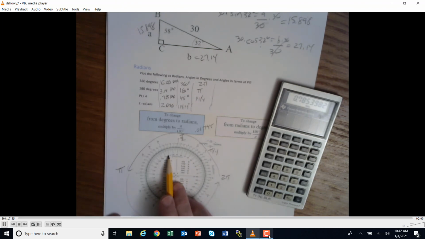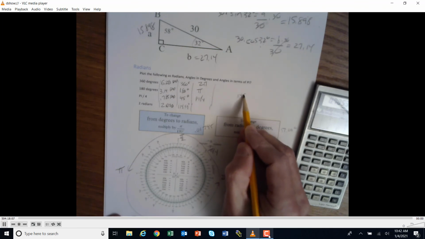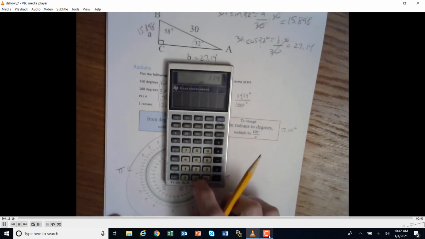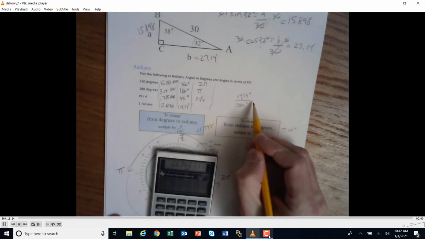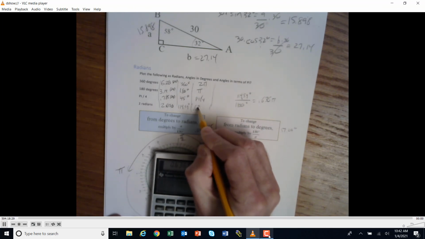What is that as a ratio? We get 114.59. 180 degrees is pi, so we're just going to take the fraction of that. I get 114.59 divided by 180, which is 0.636 pi. So this is 0.636 pi.